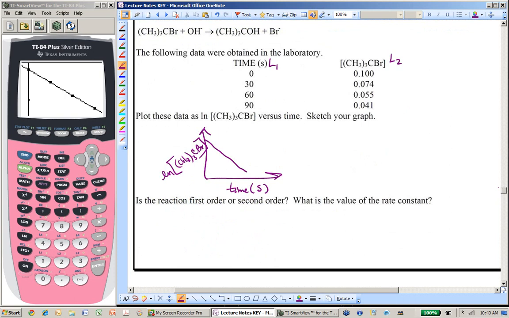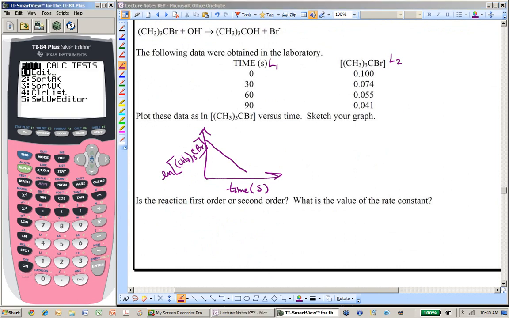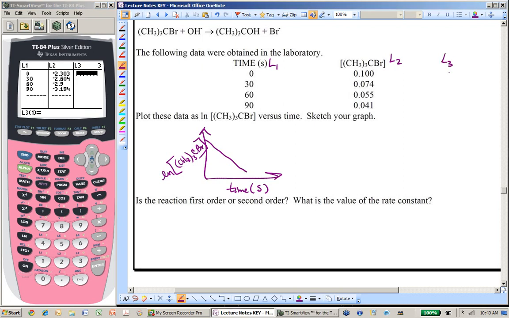Well, that's a silly question because you told me to plot ln versus time. How could a person possibly know that unless I ran both regressions? So let's run both regressions. First of all, let's go back and fix our data to be able to do that. I didn't write this problem. I'm annoyed by that. Okay, so L2 has this. I need an L3 that's going to have the reciprocal.